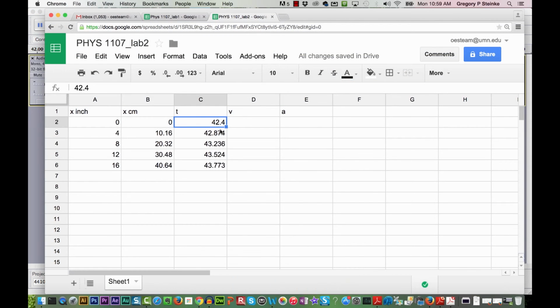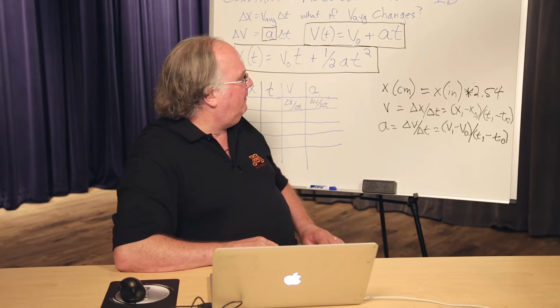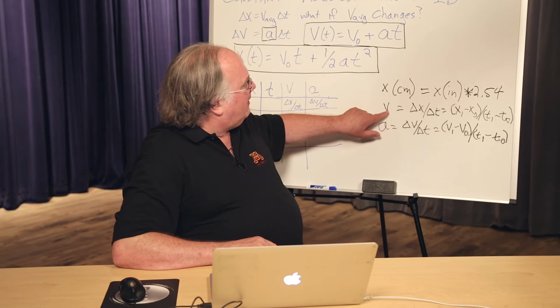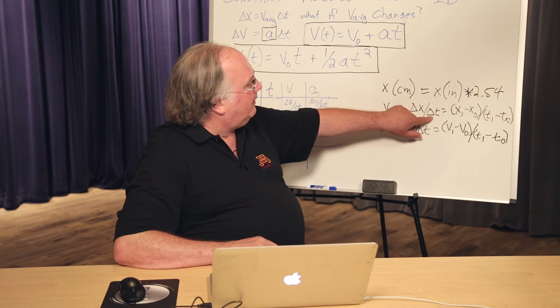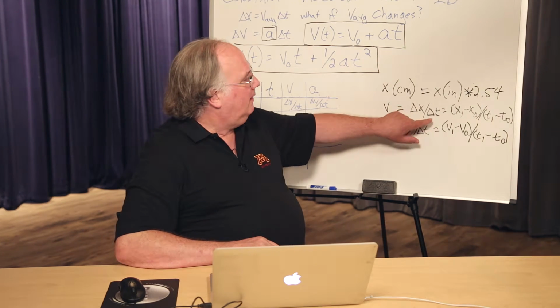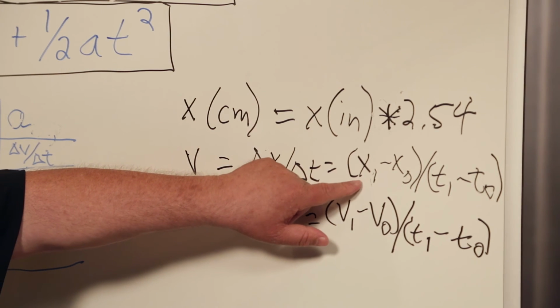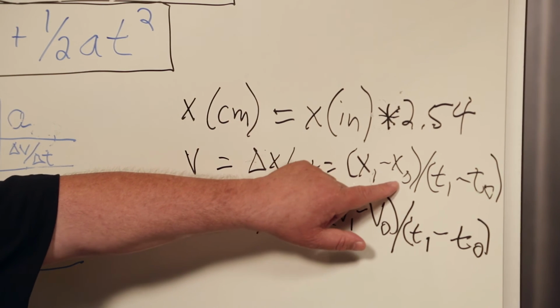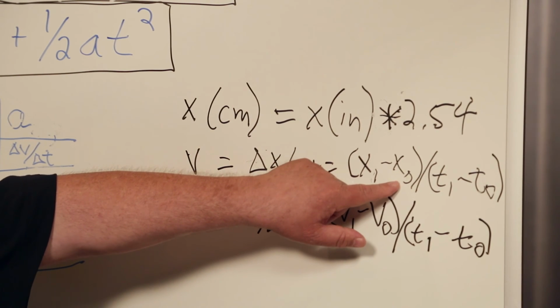Okay, now we've got our time numbers entered, and now it's time to calculate the velocity. And to do that, we're going to use this formula. Velocity is the change in x divided by the change in time. The change in x is the x in a cell minus the x of the cell before it.